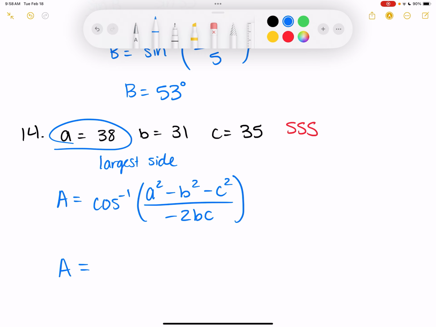I would solve for the top, then solve for the bottom, and then do the inverse cosine of that number over the bottom number. So we've got the inverse cosine of 38 squared minus 31 squared minus 35 squared all over negative 2 times 31 times 35.